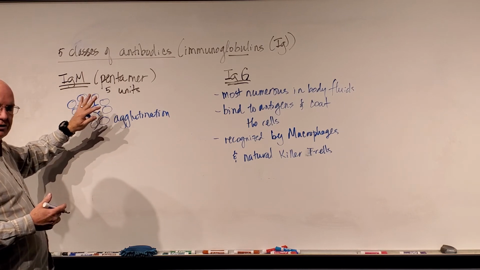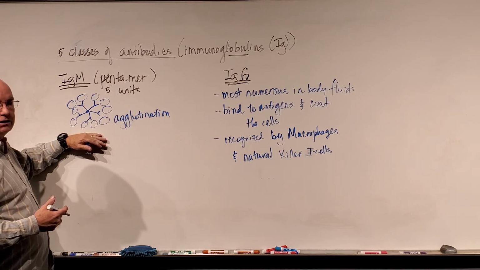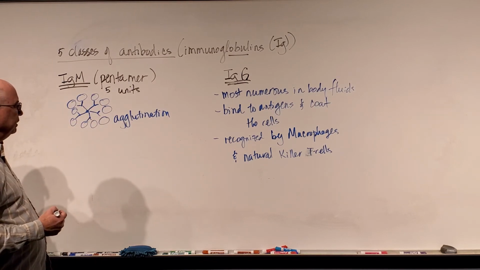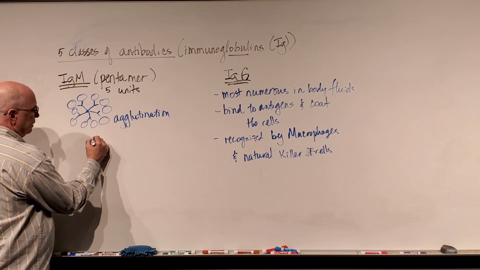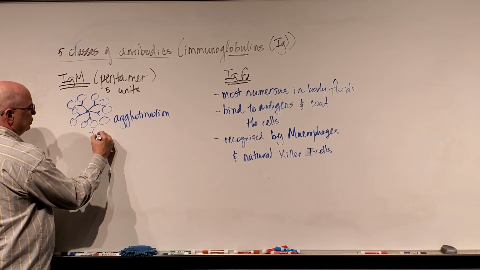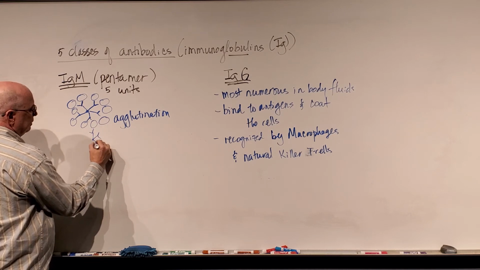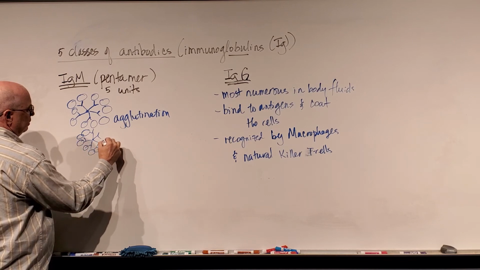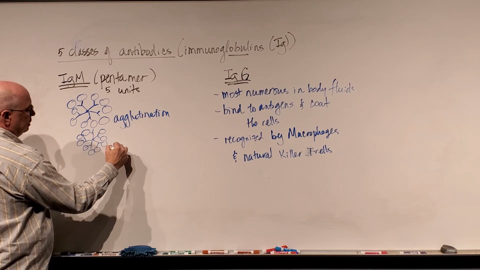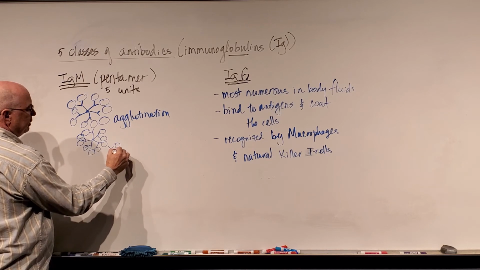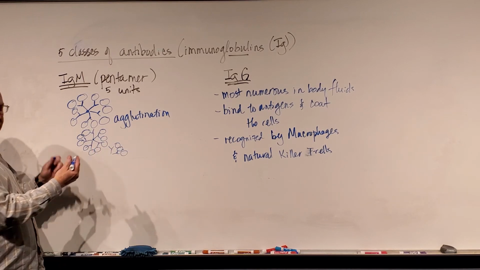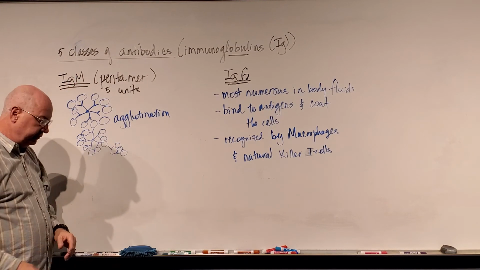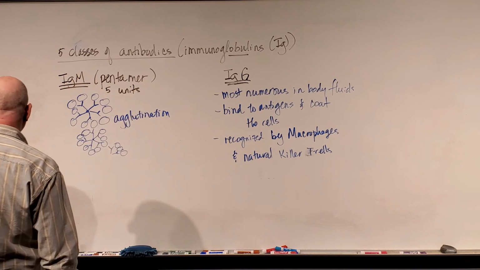But usually in the fluids and the humors, they are released as pentamers, and they can clump together large amounts of these foreign cells. Now imagine if I had another pentamer here that was bound to this cell, then I could get 10 more cells bound up. And then another collection could do that, and you can clump up tons and tons of cells, causing massive agglutination reactions, and then our other phagocytes can come in and wipe out all of this stuff. So that's what I want you to know about IgM.